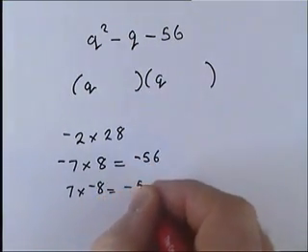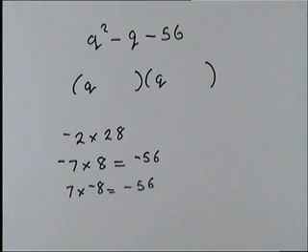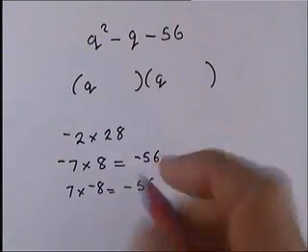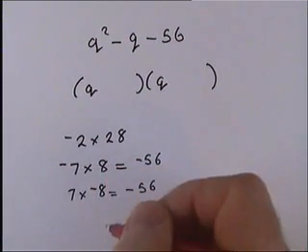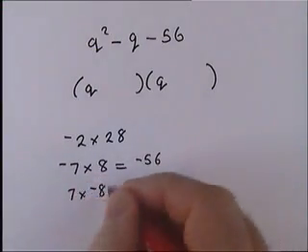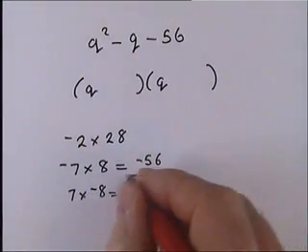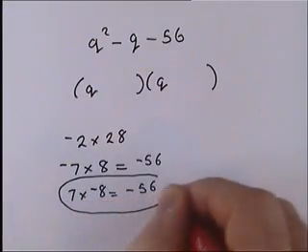Okay, so negative 7 times 8 is negative 56, or 7 times negative 8 is negative 56. So, which pair add together to give negative 1? It's this pair here, because 7 take away 8 is negative 1. So these are the answers.